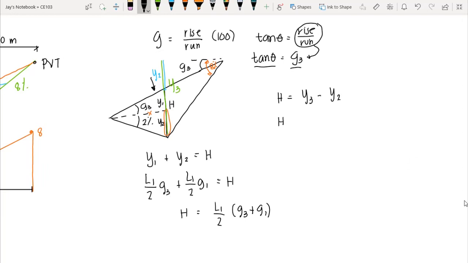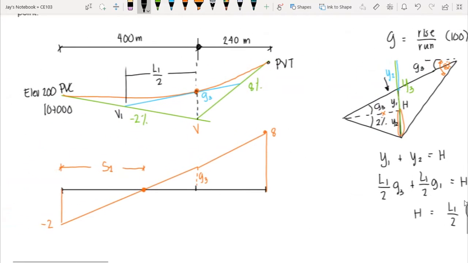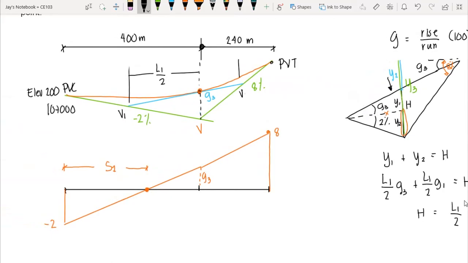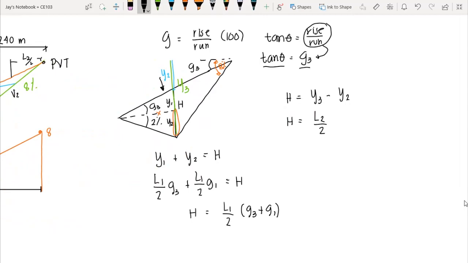So our H on the PVT side, the equation is we have y3, in which that is L2 over 2, that is 1/2 of 240, because the location of this vertex 2 here is L2 over 2. So we have L2 over 2 times, to compute for y3, G2, minus L2 over 2 times y2, that is G3. So therefore, our H is equal to L2 over 2, G2 minus G3.